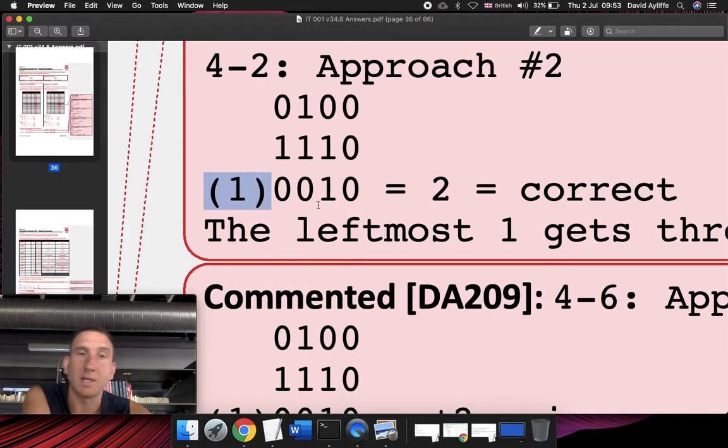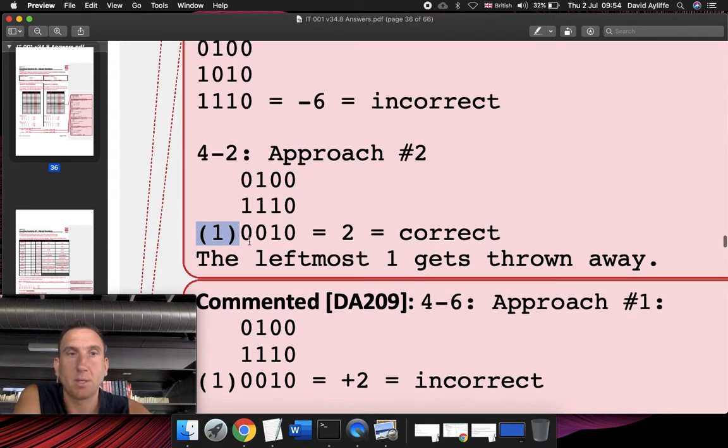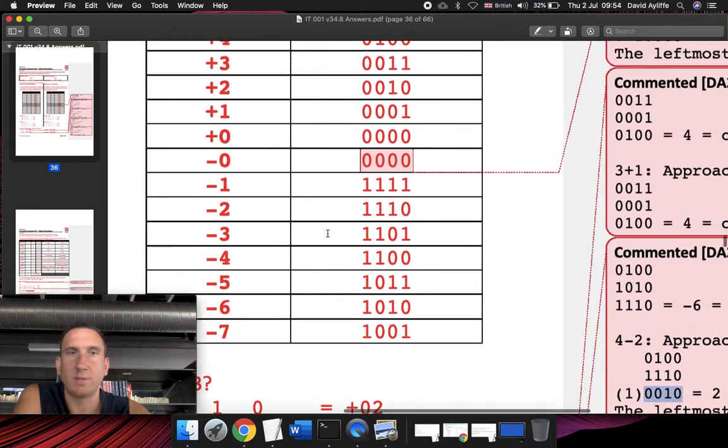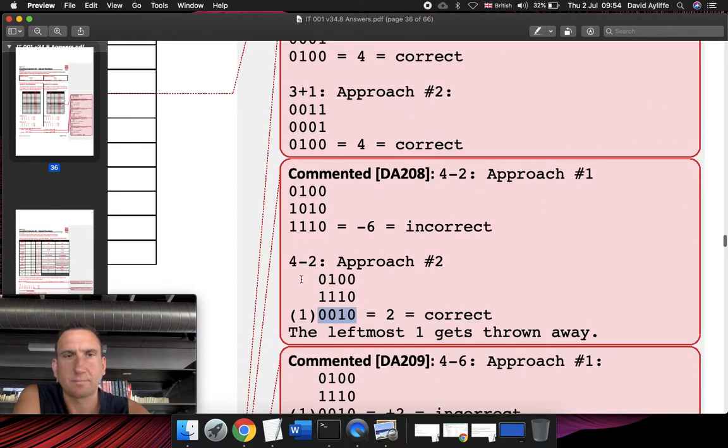We're carrying into somebody else's memory space. So this is our 4-bit answer, and this leftmost bit gets thrown away. The answer is 0, 0, 1, 0, which is plus 2. 4 minus 2 is plus 2. Okay, good, that works.